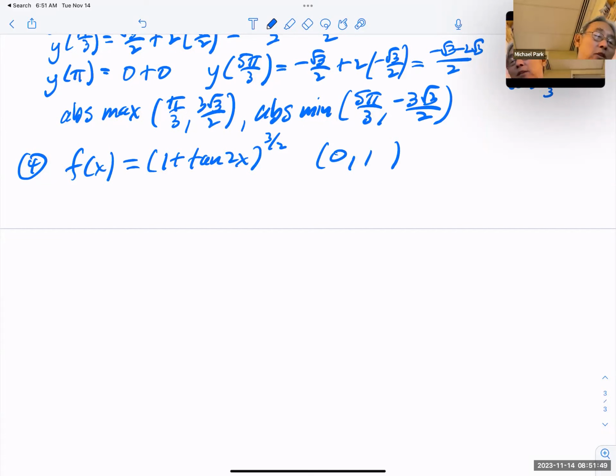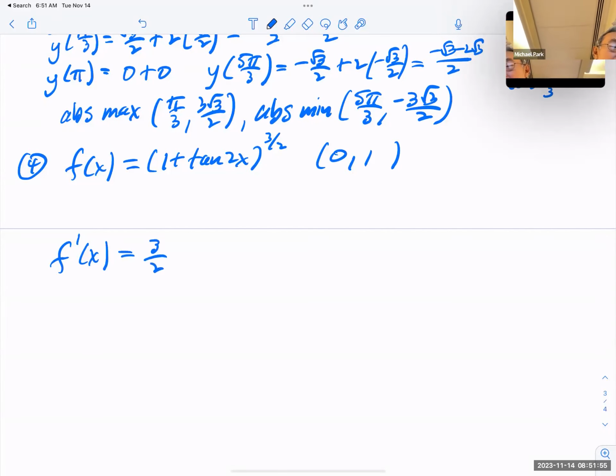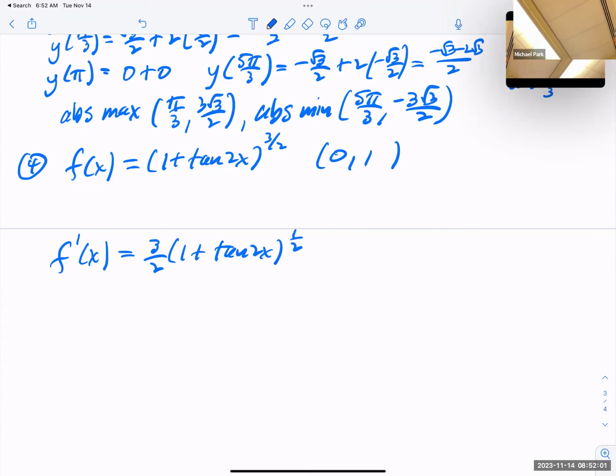Now we need to find the slope, which means we need to compute the derivative. So box to the 3 halves, you get 3 halves box to the 1 half times the derivative of the box, which would be 0 plus the derivative of tangent box, which is secant squared box times the derivative of that box.